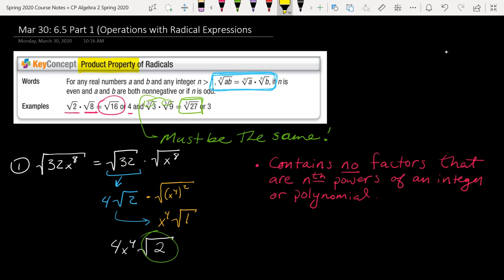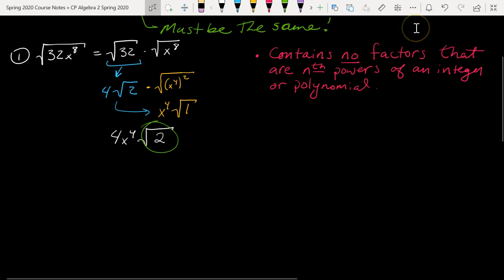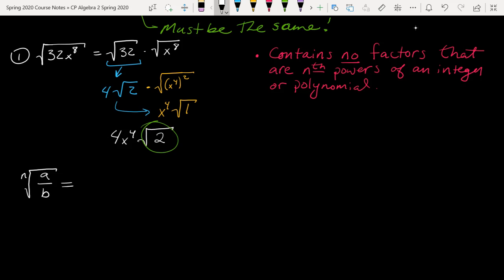And this product property gives us the power to pull apart radical expressions or put them together in order to simplify them. And just as there's a product property, there's also a quotient property. It works exactly the same way. If we have the nth root of some fraction, a over b in this case, we can split that up into two radicals that are still a fraction. And vice versa.